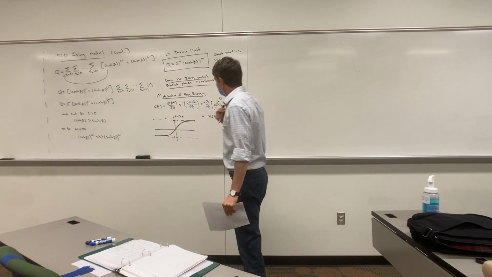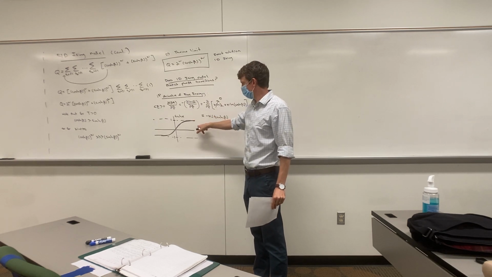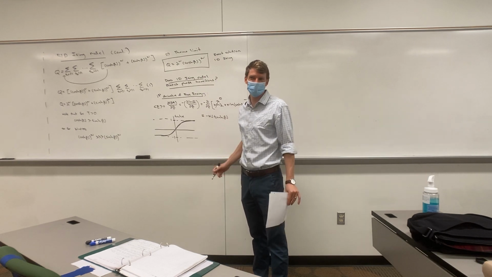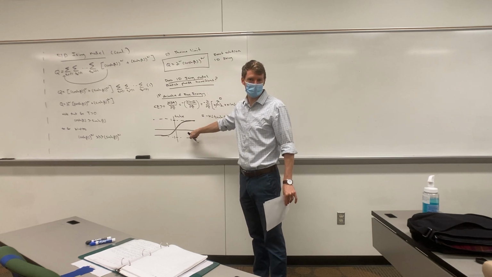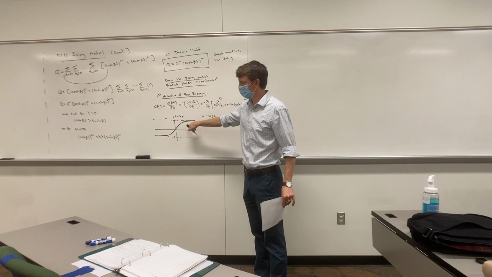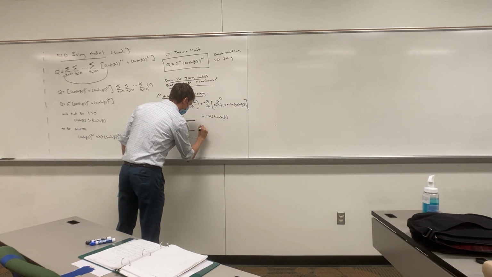But what we're looking for is to see if this is discontinuous or diverges. It's not, right? It's smooth. So we know we don't have a first order phase transition because the energy goes like the hyperbolic tangent. Hyperbolic tangent is smooth. Okay, so this is a smooth function.